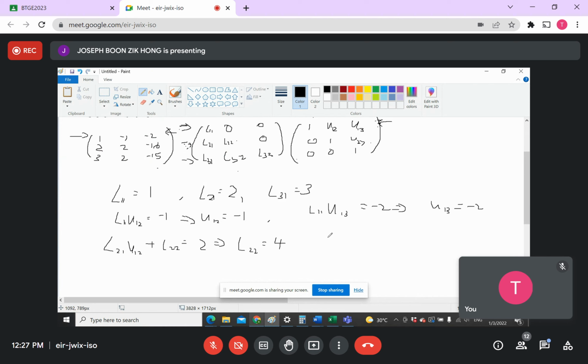And again, now I take the second row times the third column. L21 U13 plus L22 U23. Second row, third column, so negative 16.